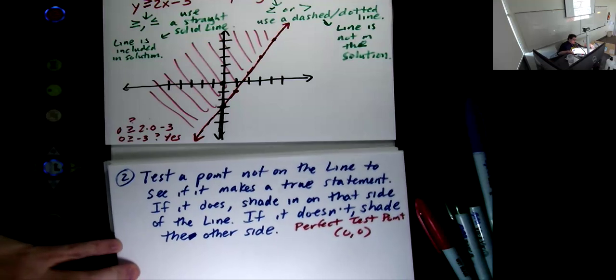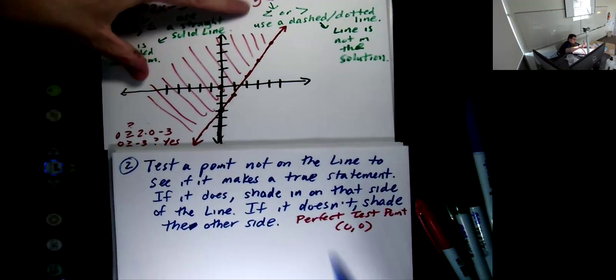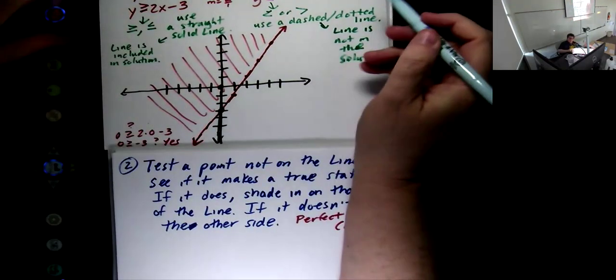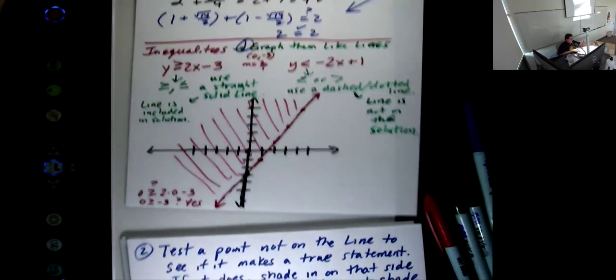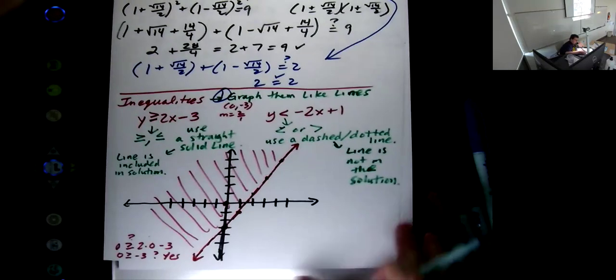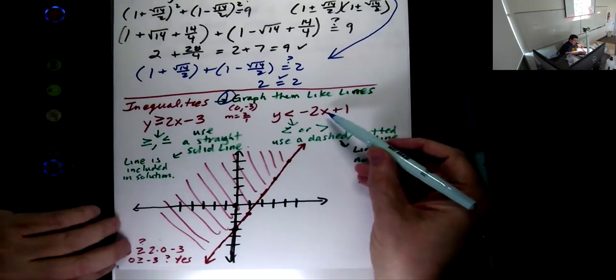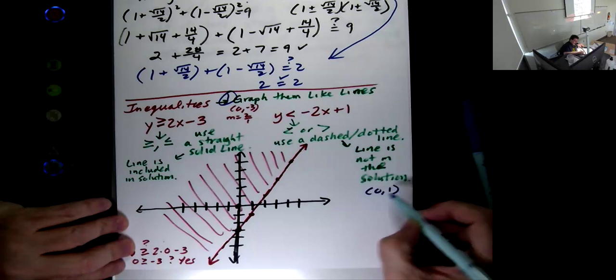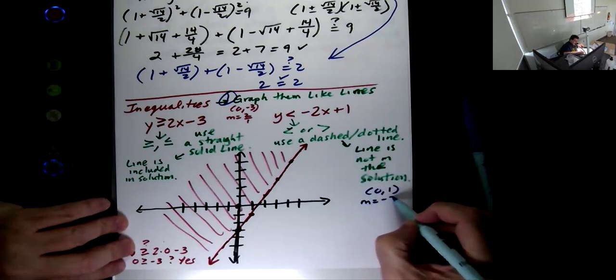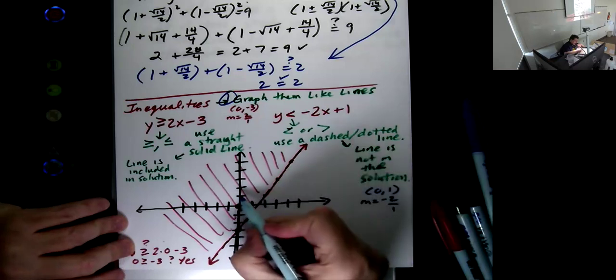All right, let's do the same thing for this one. Y is less than negative 2x plus 1. It has a y-intercept of 0, 1, and it has a slope of negative 2. So we'll do it as negative 2 over 1.